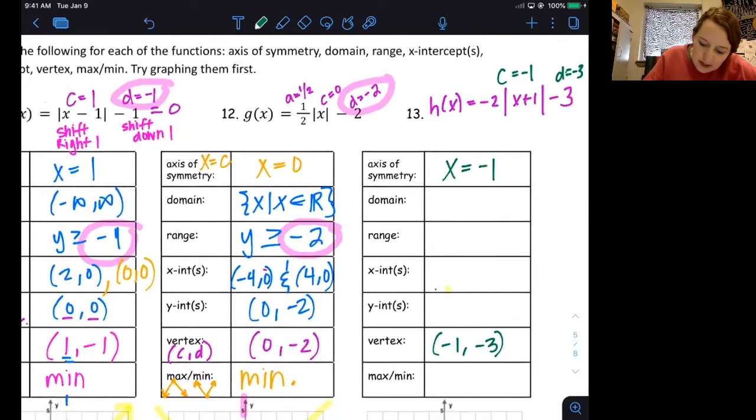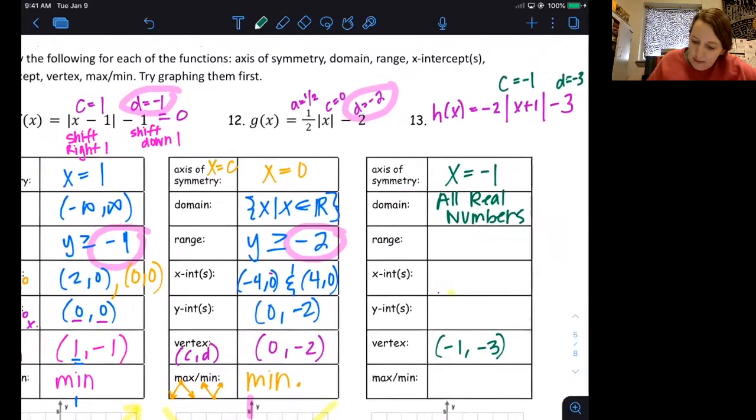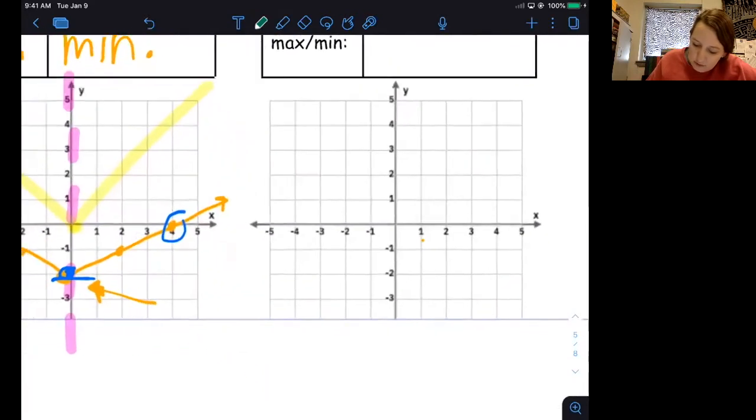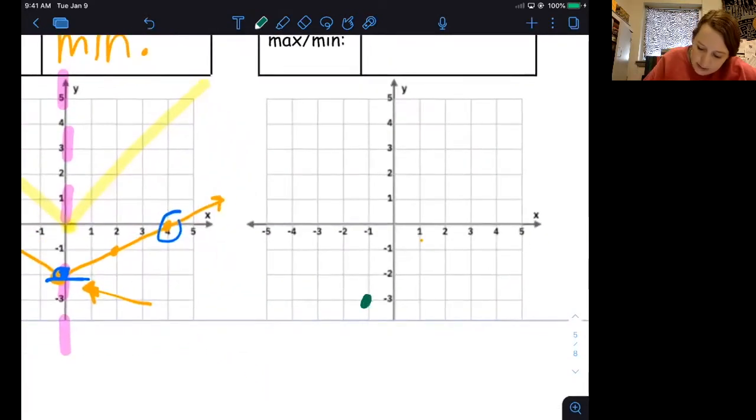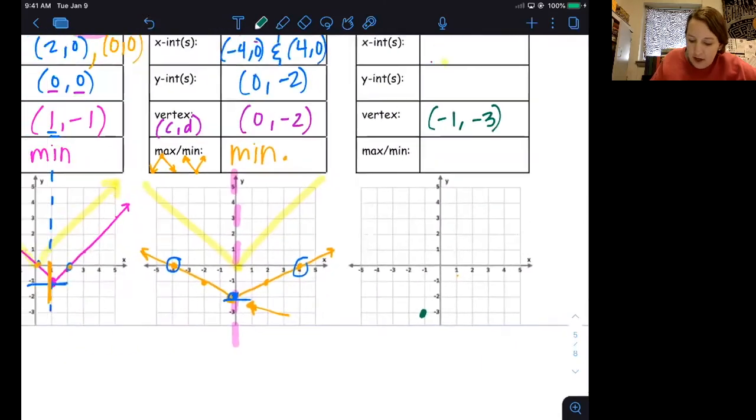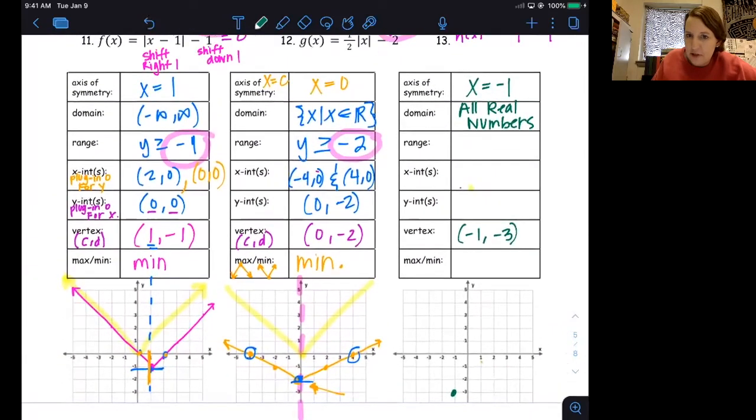And my domain is going to be all real numbers. So I'm going to write it in the third notation. So all 3 of these domains are exactly the same thing in 3 separate notations. Okay, let's go ahead and graph this. So I know that my vertex shifts left 1 and down 3, and part of my graph got cut off. So you're not going to really be able to see much on here.